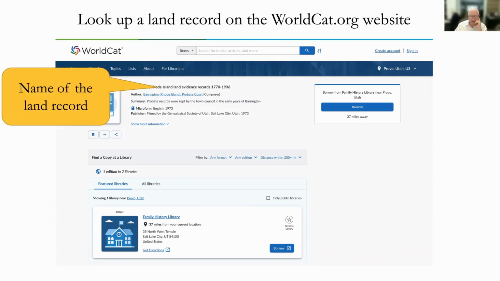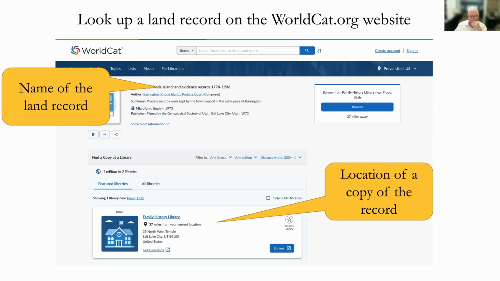Now, I would also do another search for that document online, because it may be already on FamilySearch.org or on Ancestry or any other place that it might occur. And then there's a location of the copy of the record here from the Family History Library, and it happens to be 37 miles from my current location.